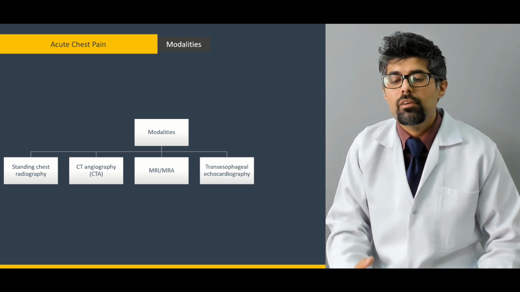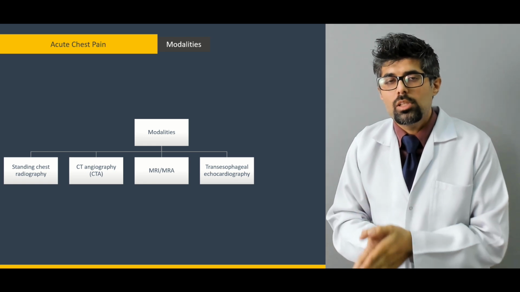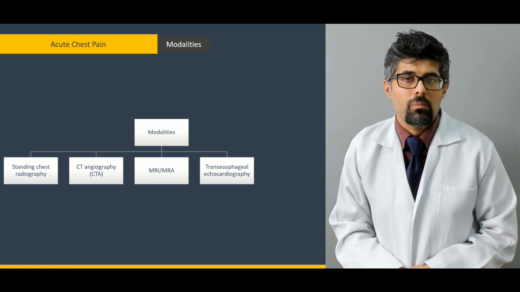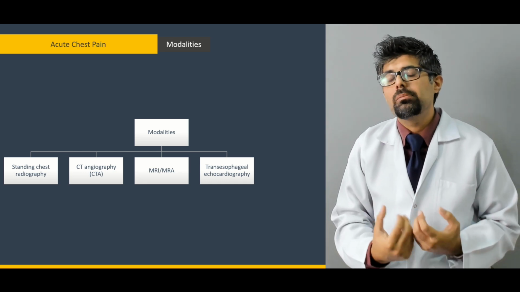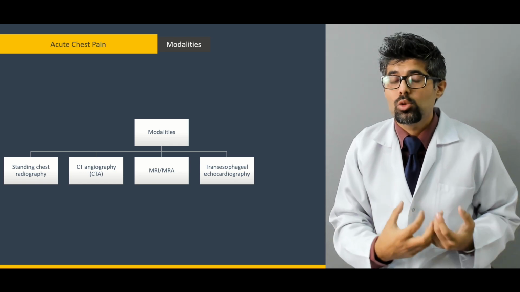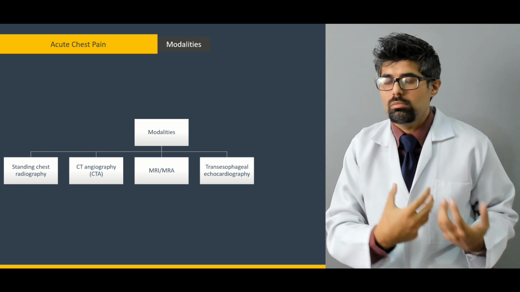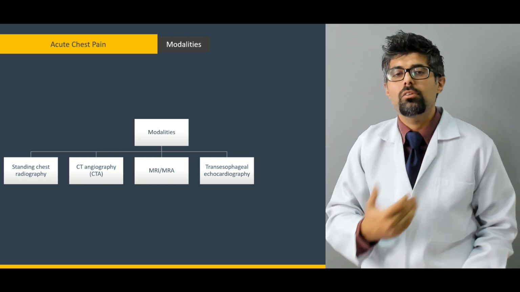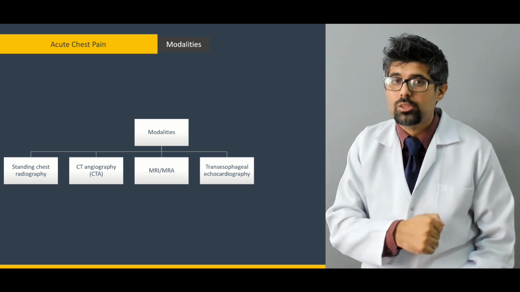We also have the availability of a transesophageal echocardiograph. Now, echocardiography is basically ultrasound of the heart in motion. So when we perform the normal echo, it is actually transthoracic, that is, you are doing it through the chest wall.